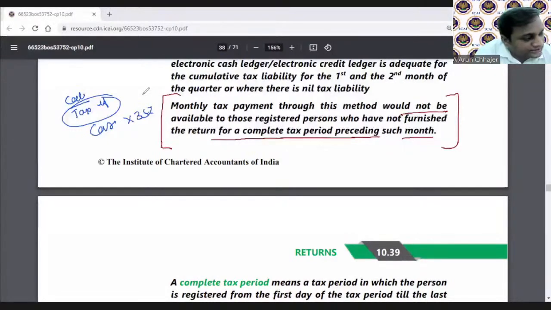SAM or FSM, both are monthly. Fixed sum method or self-assessment method, both are monthly. You calculate the tax component you need to pay for month 1 and month 2. The AO cannot disagree because the methods are available.